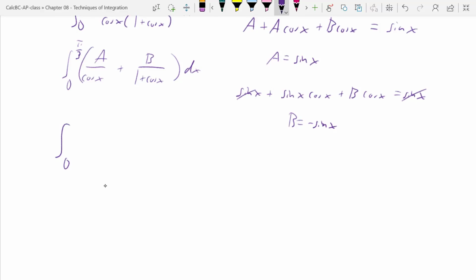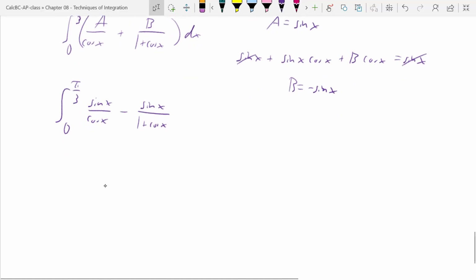You can split this up with partial fractions and say that this is equal to the sine of x over the cosine of x minus the sine of x over 1 plus the cosine x.